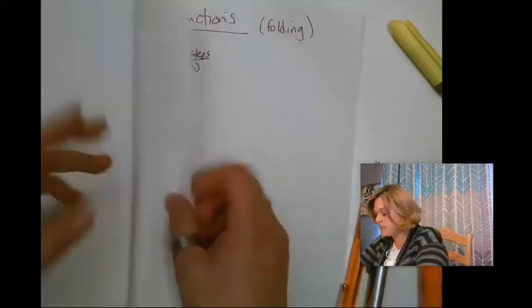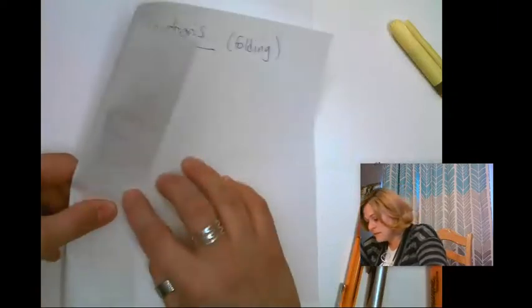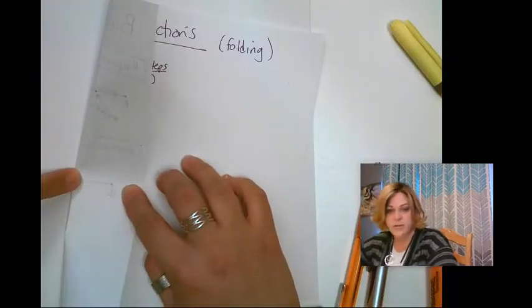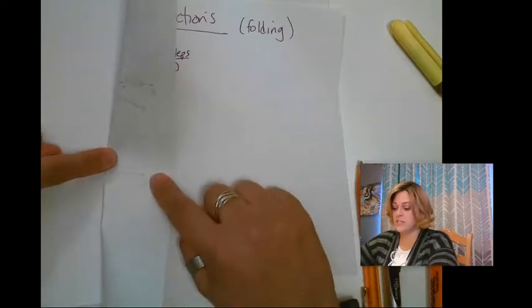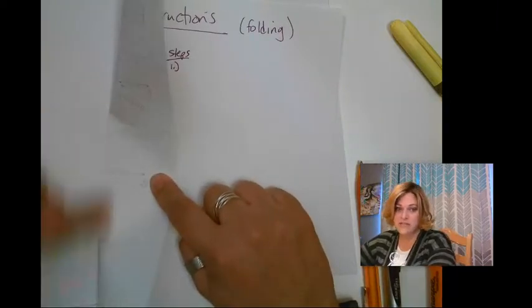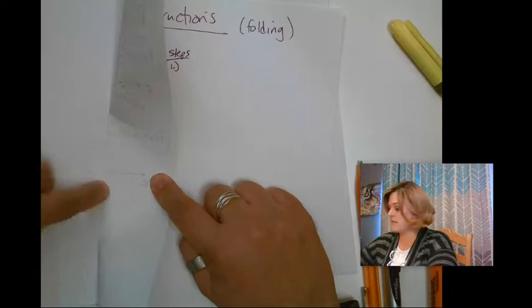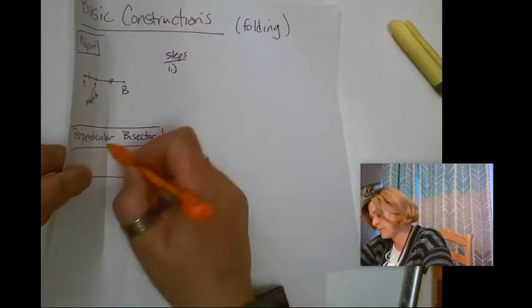Again, hold it up if you need to. And when I do this, for the midpoint, I put a little crease right here. That's it, a little pinch. But for the perpendicular bisector, I want a complete fold. Okay, so I'm going to make a nice fold.